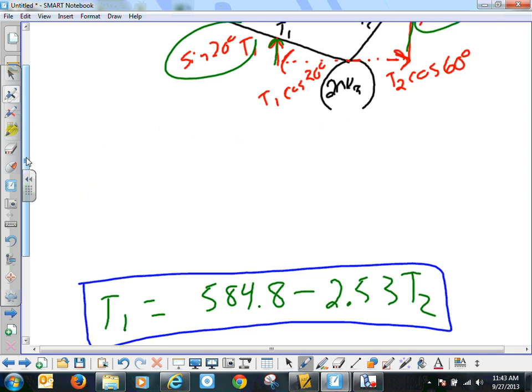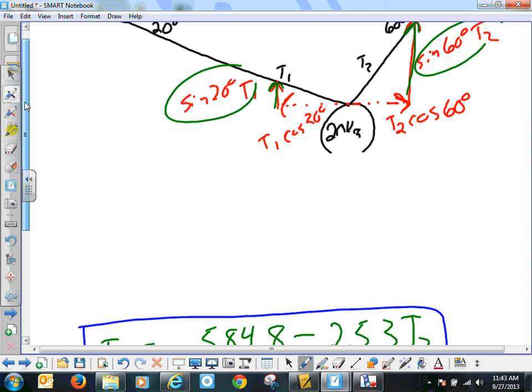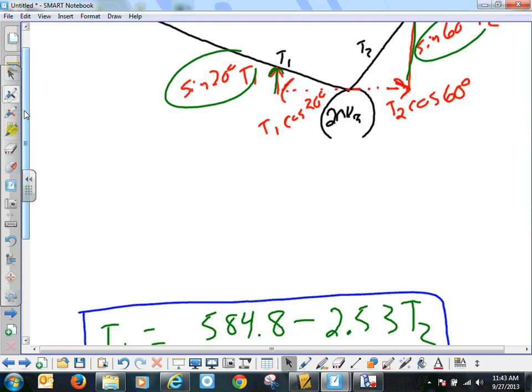So now our x situation is going to be equal to each other. So this one should be a little bit easier, right? So we got T1 cosine 20 equals T2 cosine 60.